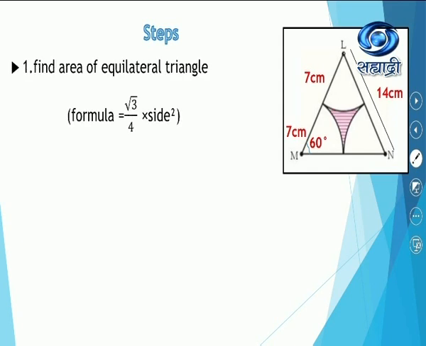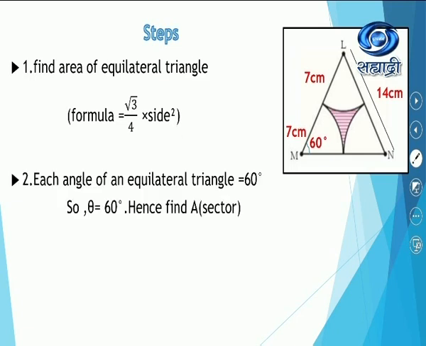First, as it is given that triangle LMN is an equilateral triangle with side 14 centimeter, you have to use the formula root 3 upon 4 into side squared. Thus you will get the area of the equilateral triangle. Now second step, you have to find out the area of each sector.